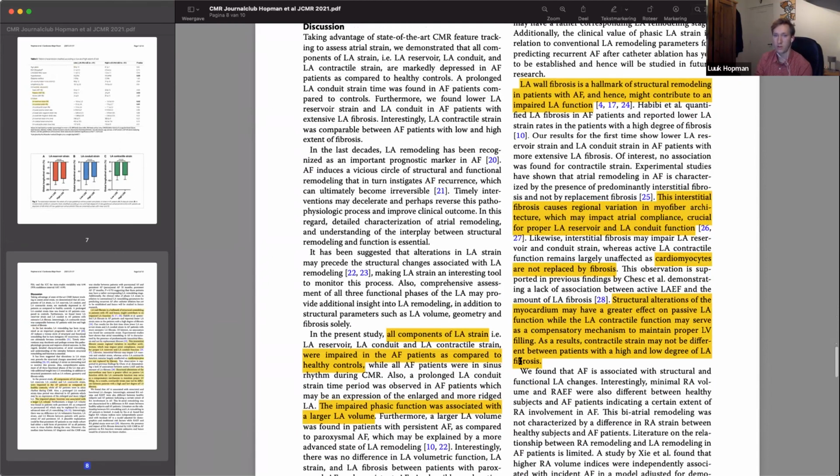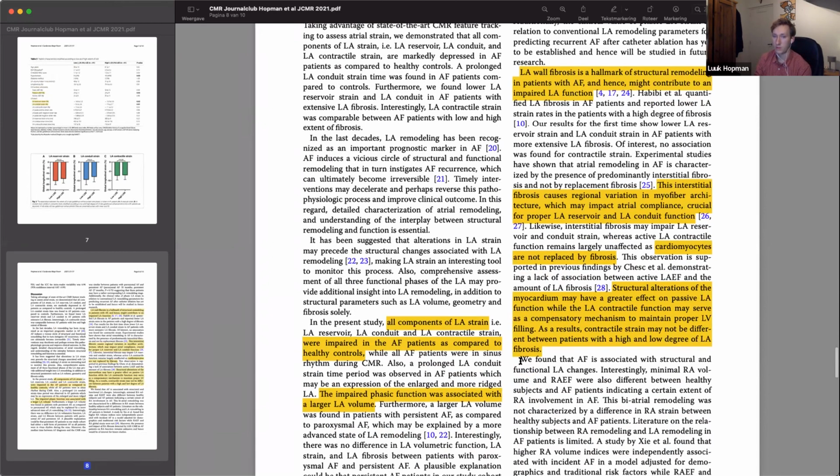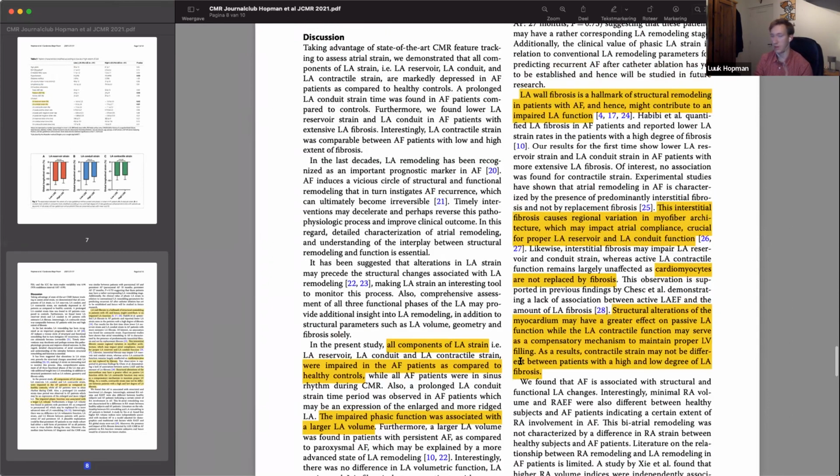So in conclusion, we've shown that all components of left atrial strain were impaired in AF patients as compared to same aged healthy volunteers, and a lower left atrial reservoir and conduit function was found in AF patients with extensive left atrial fibrosis. A possible explanation for this is that left atrial wall fibrosis contributes to an impaired passive left atrial function, possibly because the interstitial atrial fibrosis causes regional variation in the myocardial structure, which may impact atrial compliance.